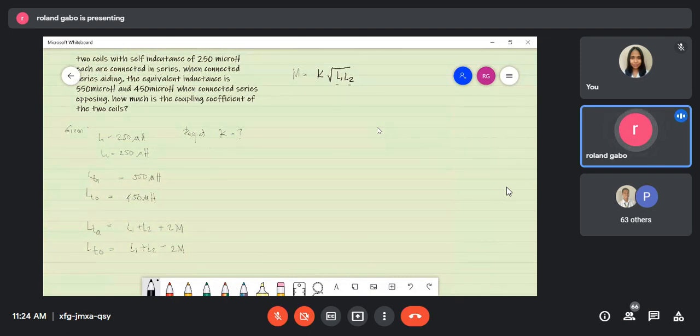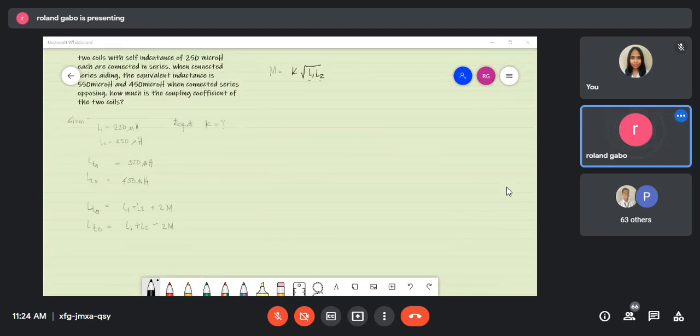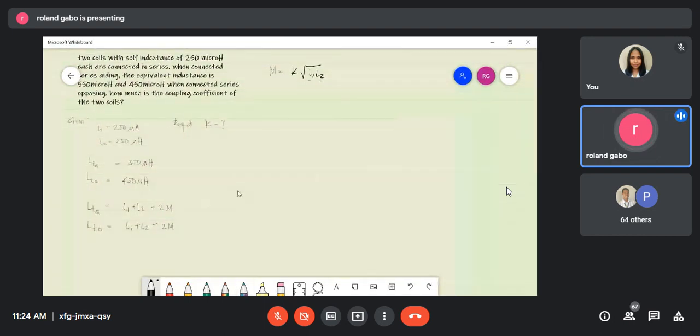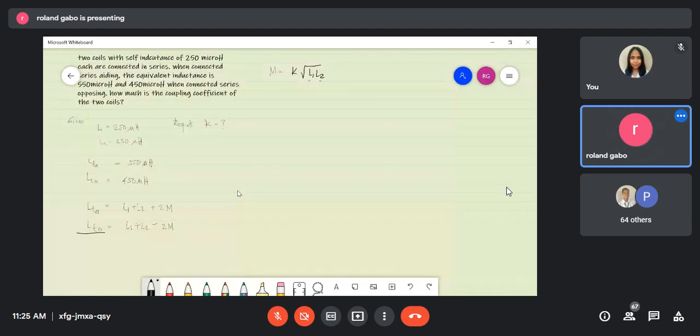So now, pag-solve sa M na to. If we try to add this equation, what will happen? We add on nato M is cancelled, so which is dili unta na to add on.